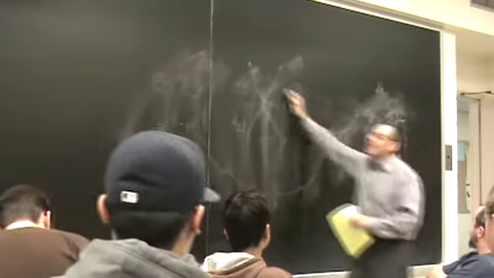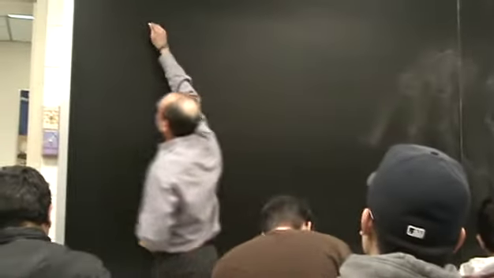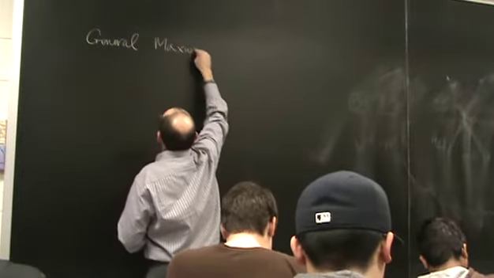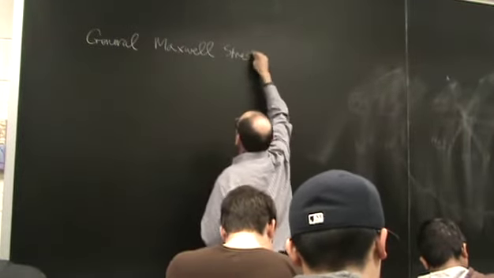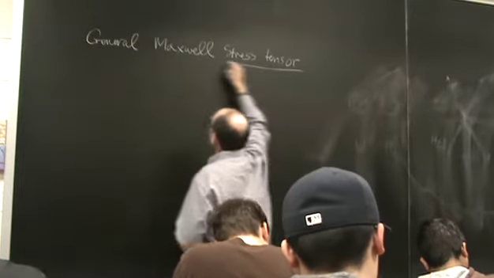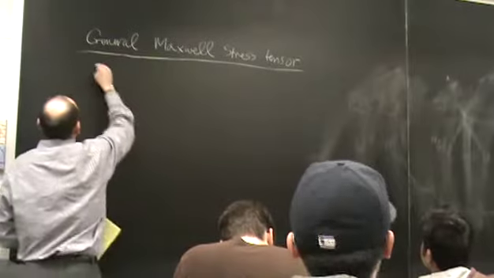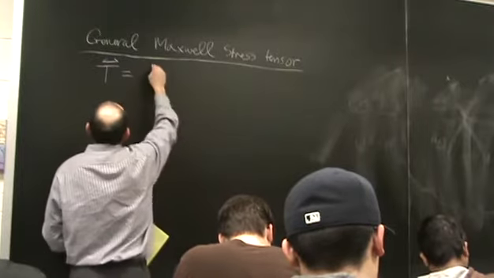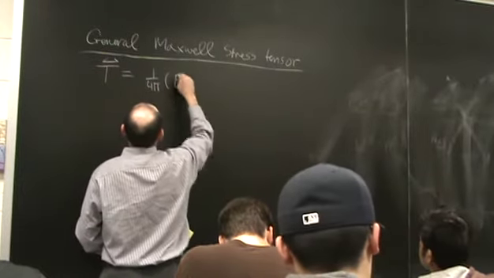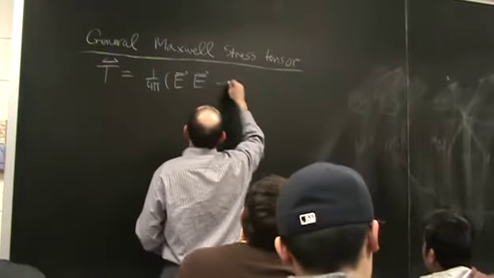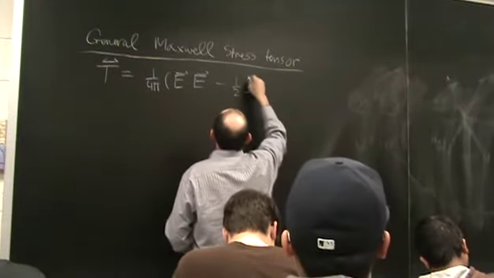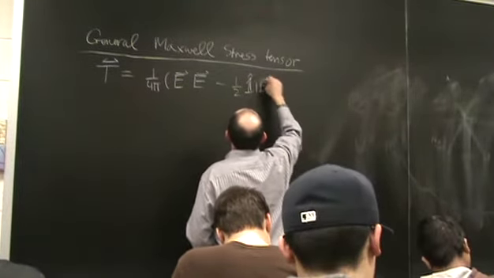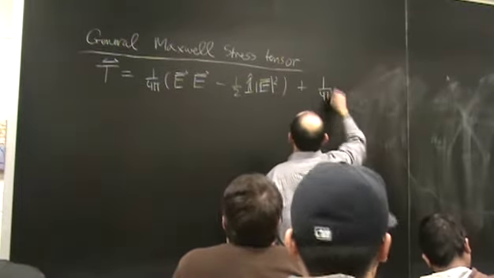Let's just say the general Maxwell stress tensor T, having both electric and magnetic and dynamic, is going to be exactly the same form that we had in the static case, but now with the magnetic fields as well.